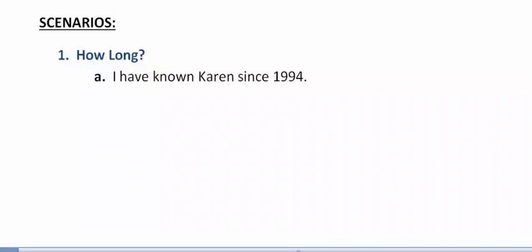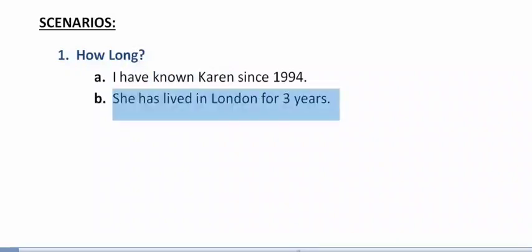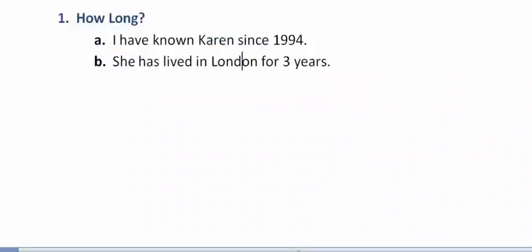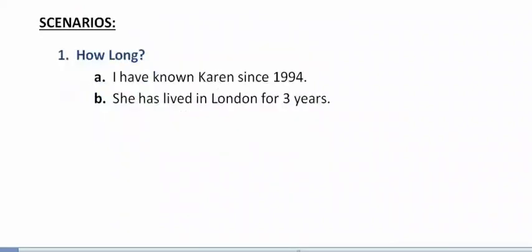So let's go back to the formula. Subject plus has or have plus V3. She has lived in London for 3 years. Subject plus has or have plus V3 plus object. So let's understand this. The action of living started 3 years back, and she is still living in London, and therefore we have to use the present perfect tense.